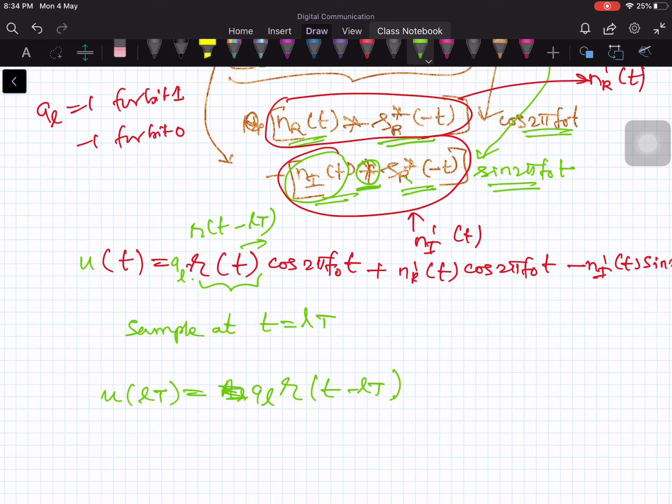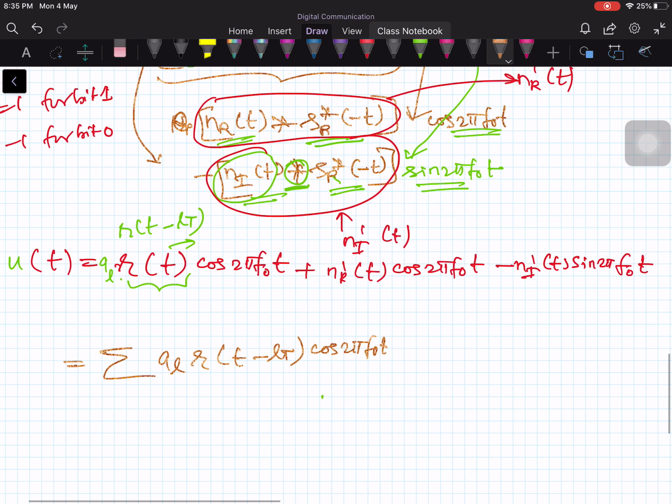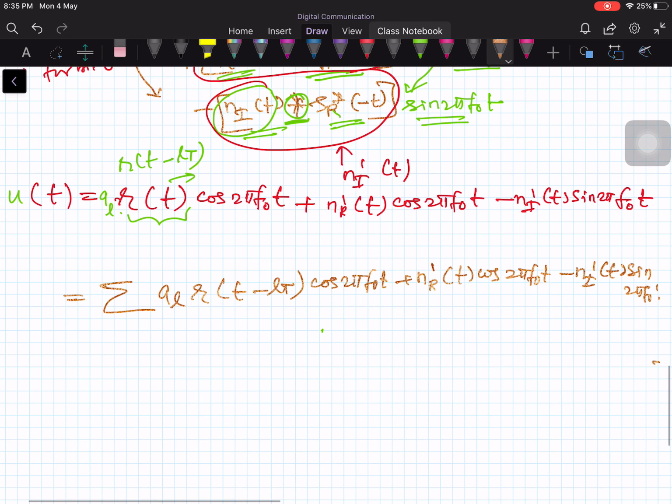You are not transmitting only one pulse and stopping, you are transmitting many pulses. Therefore this is summation over A sub L R of t minus LT times cosine of 2 pi f naught t plus n sub r dash of t times cos of 2 pi f naught t minus n sub I dash of t sine of 2 pi f naught t, where L goes from minus infinity to plus infinity.